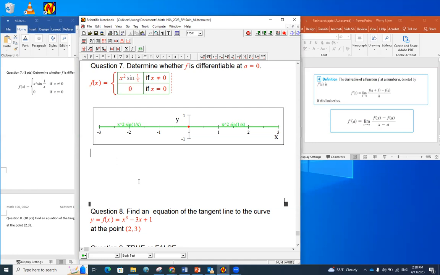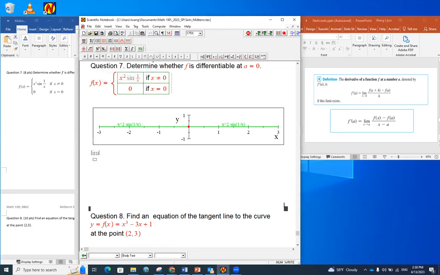Okay, so that's differentiability. We have two versions of the definition, so we're going to use the popular one. In this case, of course, we're going to consider the limit as h approaching 0 of f of 0 plus h minus f of 0, over h, because the considered point is a equals 0.